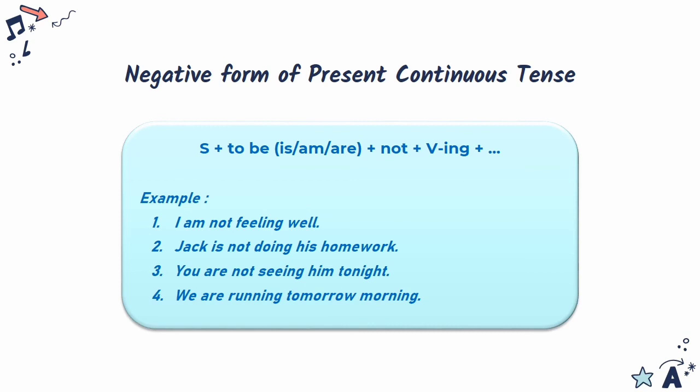Jack is not doing his homework. You are not seeing him tonight. Here we have the construction you and are. We are not running tomorrow morning. Here we have are to match with the word we. Don't forget to add not to make it negative.